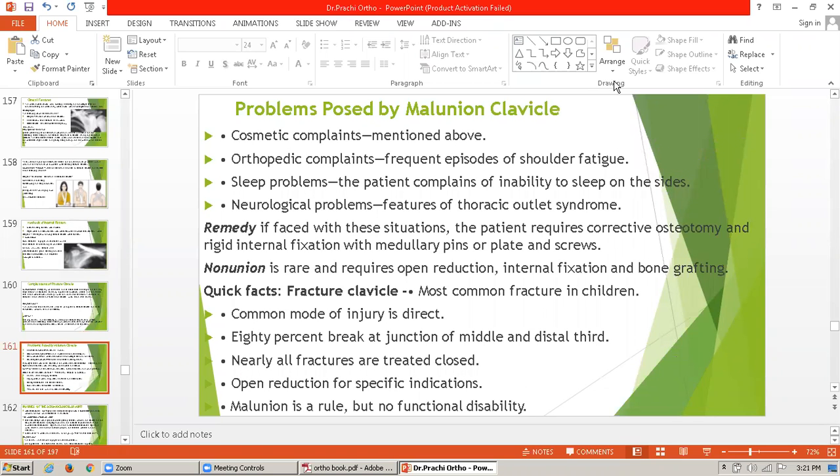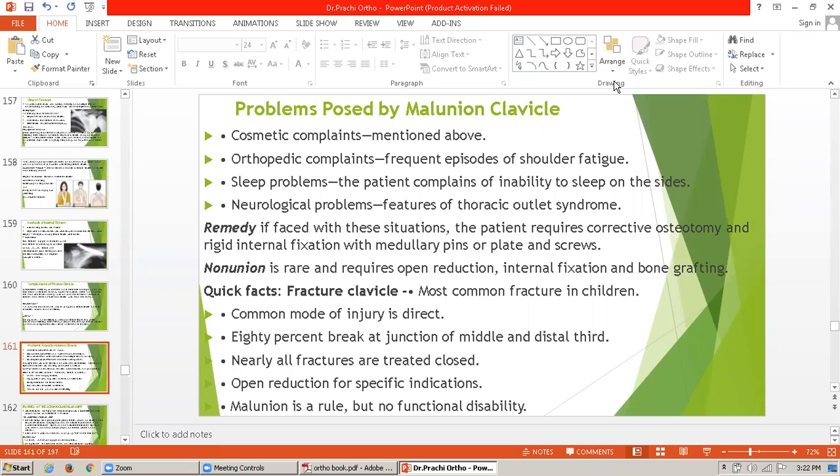The problems posed by malunion of the clavicle are a cosmetic problem, as mentioned in the above slide; then orthopedic complaints, that is frequent episodes of shoulder fatigue; then sleep problems, the patient complains of difficulty sleeping on the side; then neurological problems, that is features of thoracic outlet syndrome.